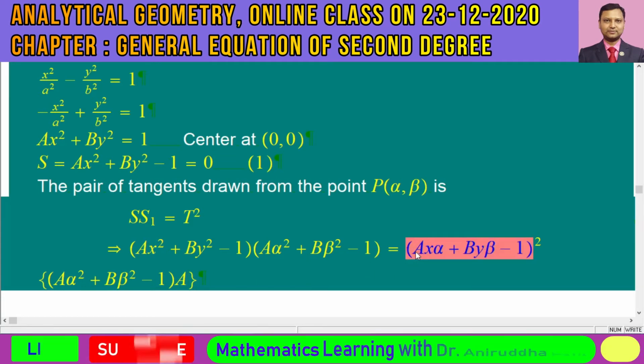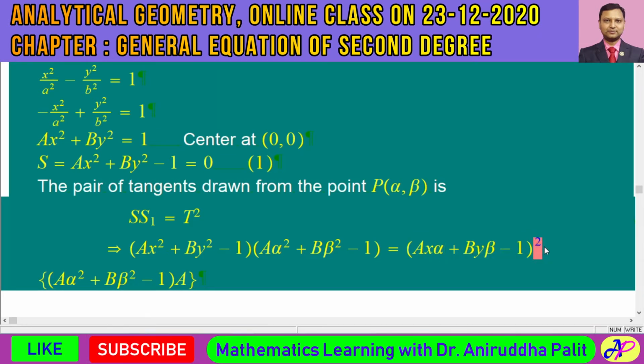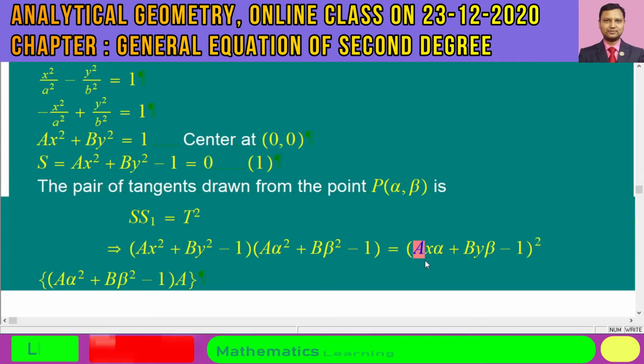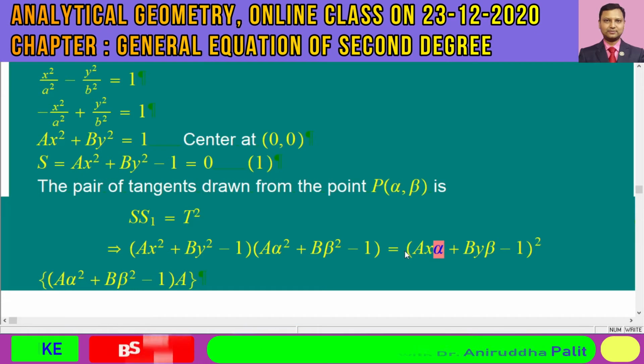And from the right hand side, we will get one more coefficient of x square. If we expand it, this is a square, a plus b plus or minus c, whatever you call. So the coefficient of x square on the right hand side would be a square into alpha square.